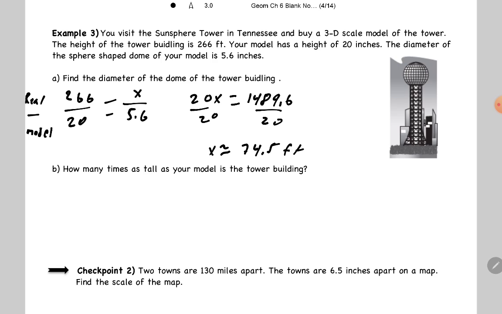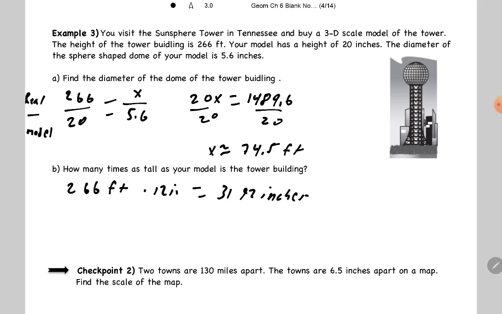How many times as tall as your model is the tower building? First thing we need to do is change feet into inches here. So 266 feet times 12 inches is 3,192 inches, because we're just comparing heights here.